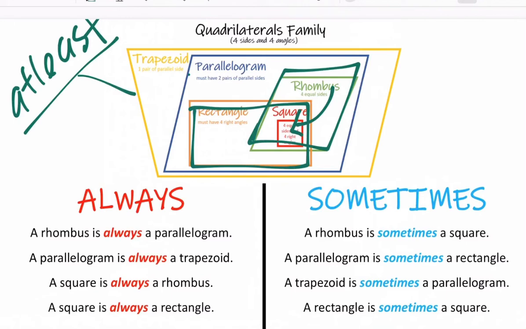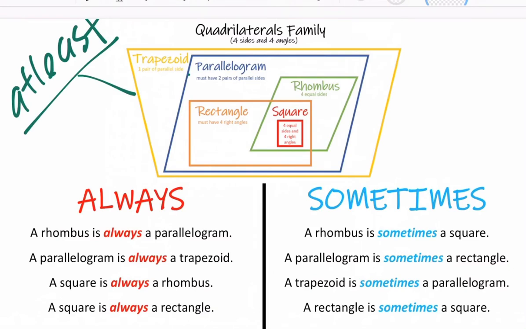A parallelogram is sometimes going to be a rectangle, because there are two other types of parallelograms in the diagram. It can also sometimes be a rhombus or a square, right? There are three types of parallelograms within the diagram.